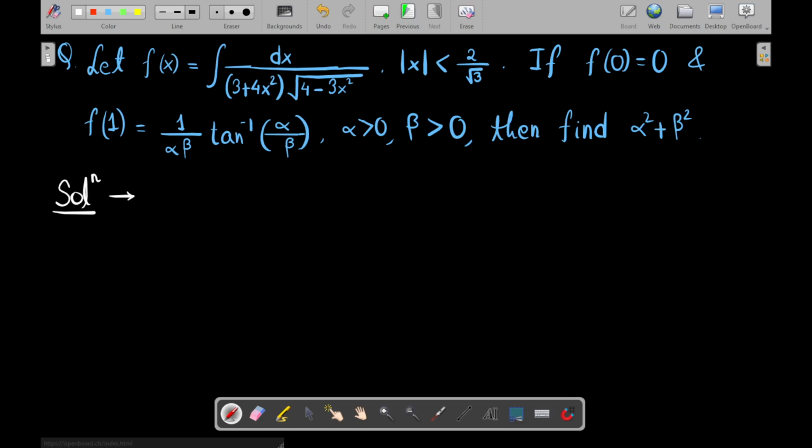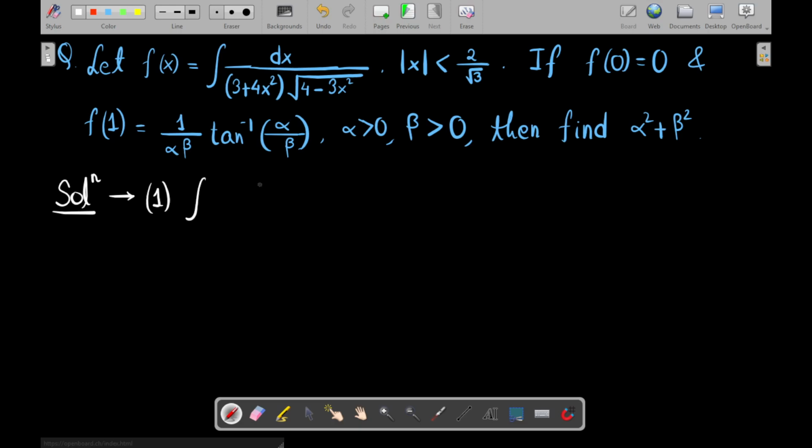So before we start, I want to highlight the pattern of solving these types of integrals, in particular this format. I'm going to highlight the steps in order to solve this.